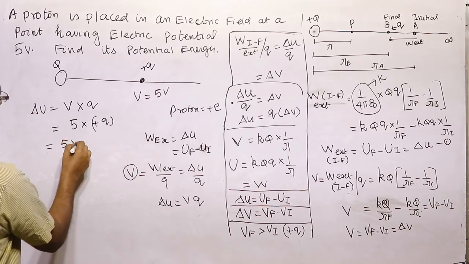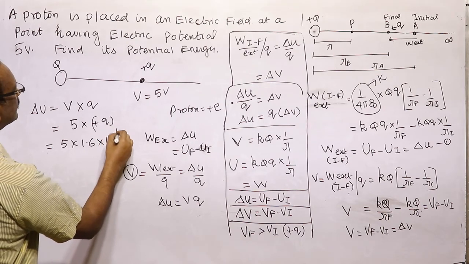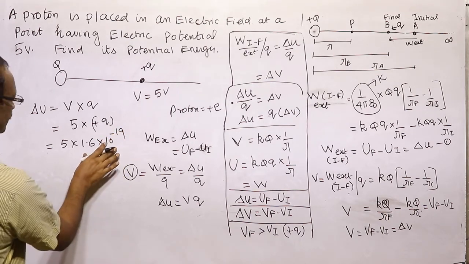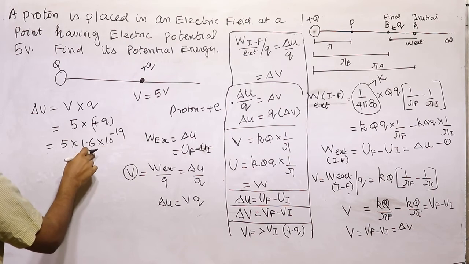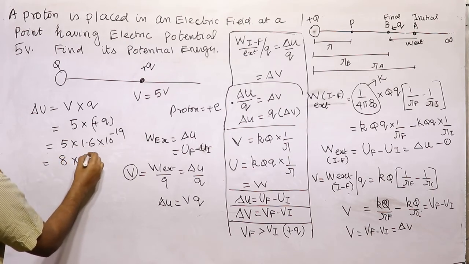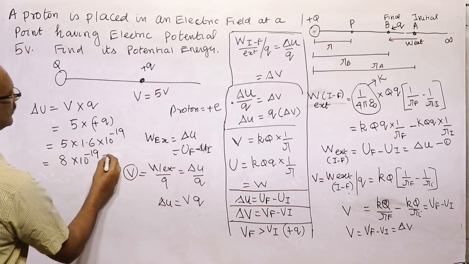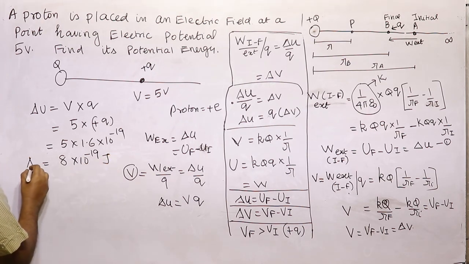So 5 into 1.6 into 10 to the power minus 19. This is the charge of an electron; proton means it is positive. So 5 into 1.6 is 8, that is 8 into 10 to the power minus 19. This is the change in potential energy. Change in potential energy is always in joule.